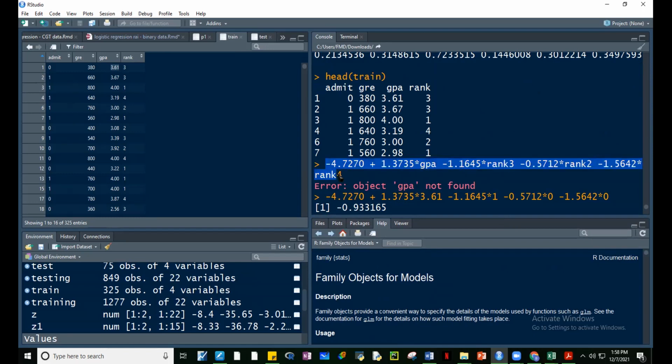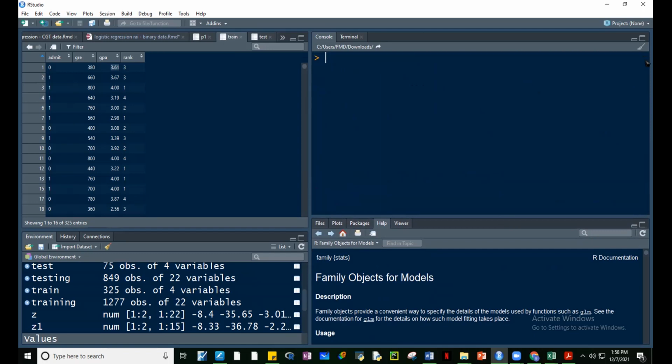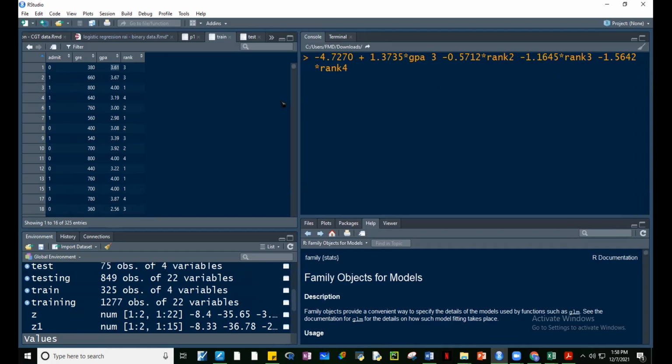So let me first copy this, Control C. Okay, lagay ko dyan para hindi nakakalito. So next, ilalagay ko siya dito after rank 2. Okay, apologies guys. Let me rearrange our model para hindi ako nalilito.